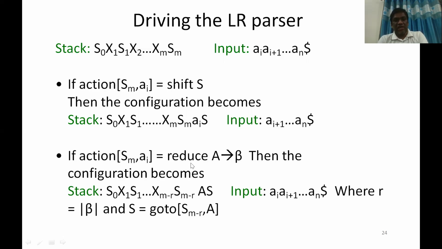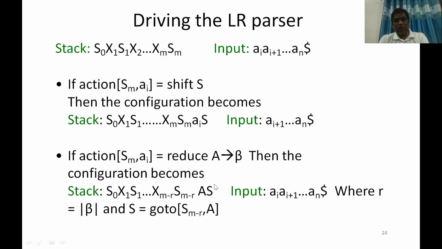If the action is reduce A implies beta, you need to understand this properly. Based on the length of this beta, remove that many symbols from the top of the stack, and then add these two, capital A and S. What are capital A and S? Beta is the handle, the corresponding LHS is capital A, and it is added to the stack.